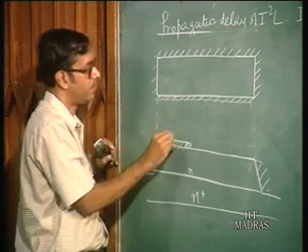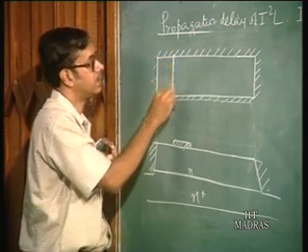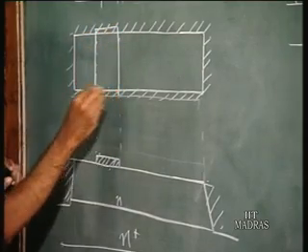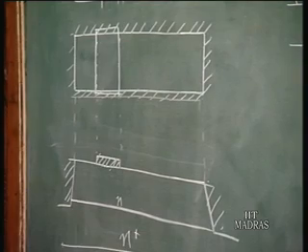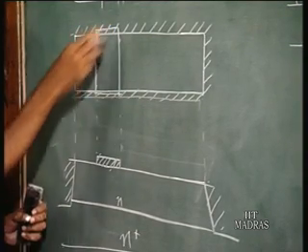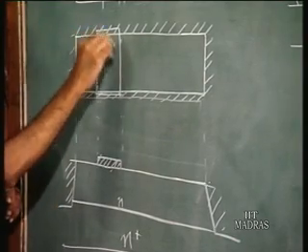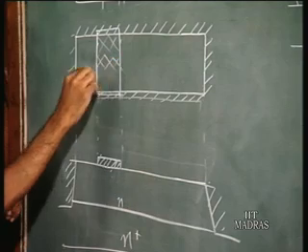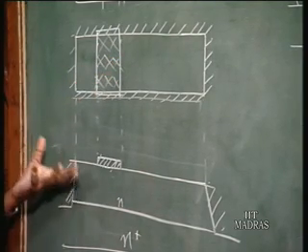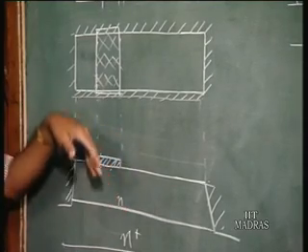So basically if you look at the mask, you have a region like this. This is the top view, the mask for p plus diffusion, and then you do boron implantation through this mask.